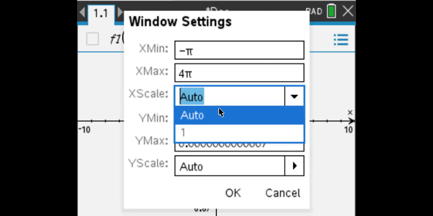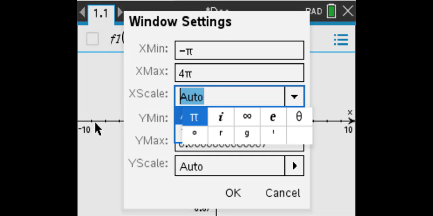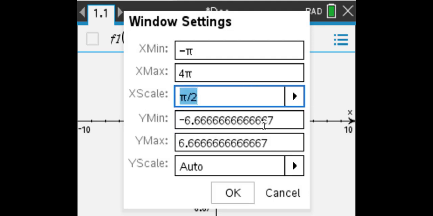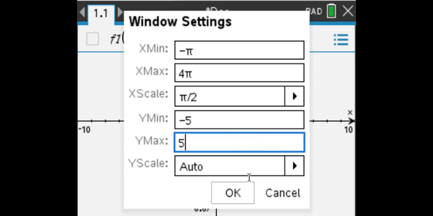And our scale, we will make pi over 2. And then for our y-axis, we'll go from negative 5 to positive 5, and we'll go up in a scale of 1.